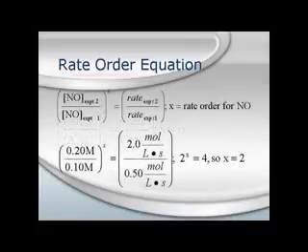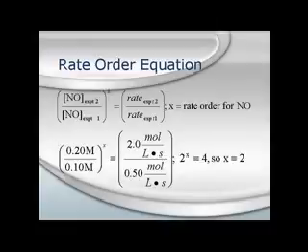Let's do nitrogen monoxide first. We're going to take the concentration of nitrogen monoxide from experiment 2 over the concentration of nitrogen monoxide from experiment 1. That ratio raised to some power x will equal the reaction rate from experiment 2 over the reaction rate from experiment 1. Again, x is the rate order for nitrogen monoxide.